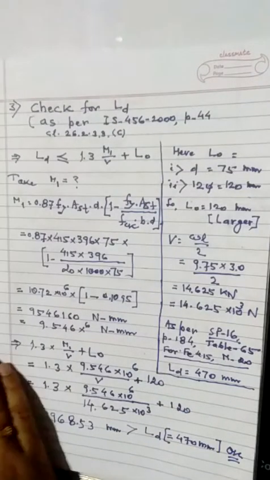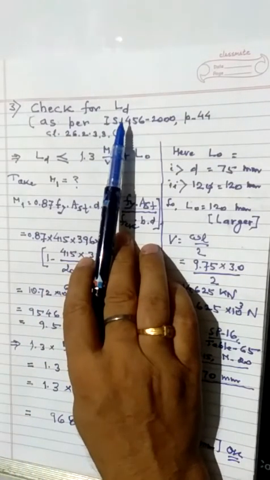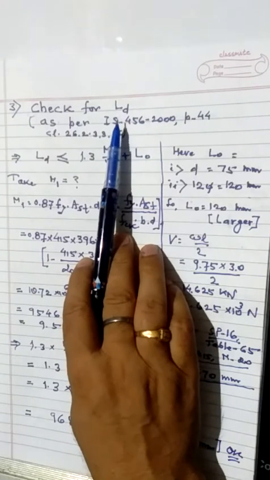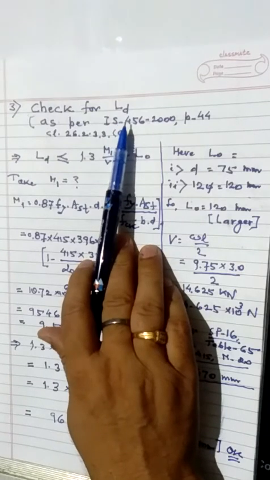The third check is the check for development length, LD. Development length is provided as end anchorage to every main steel, and anchorage of the steel bars to develop its bond strength in the RCC members.